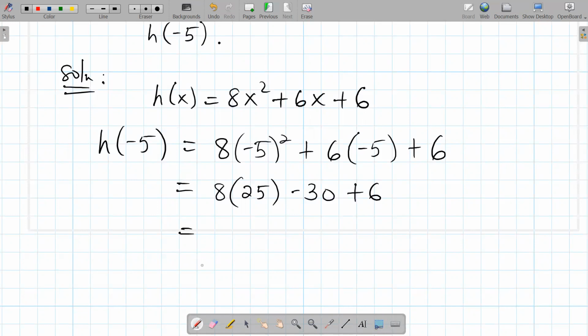So 8 by 25 should give you 200, minus 30 plus 6. So subtract and add. 200 minus 30 is going to give you 170. And then 170 plus 6 gives you 176. And you should be all set with that.